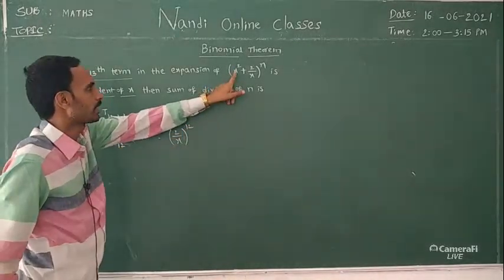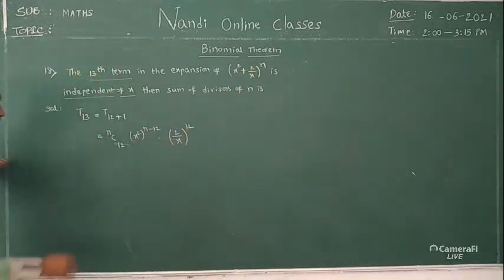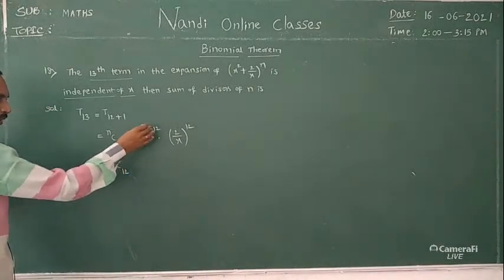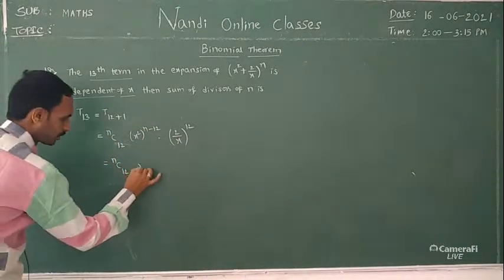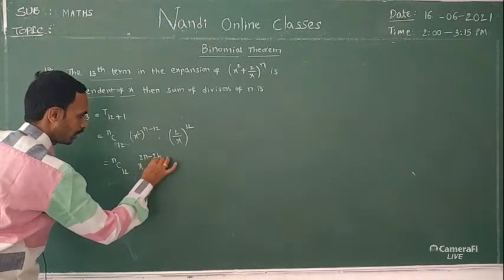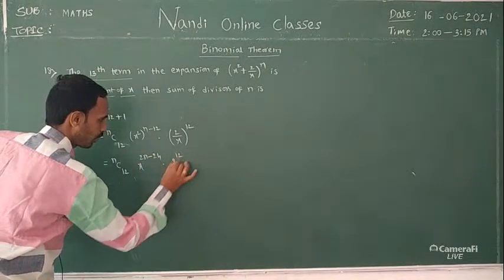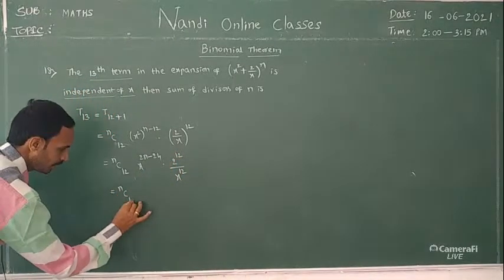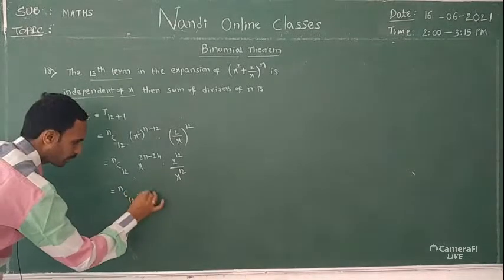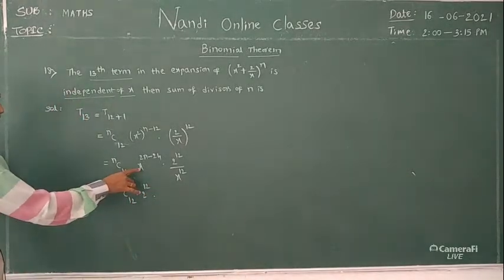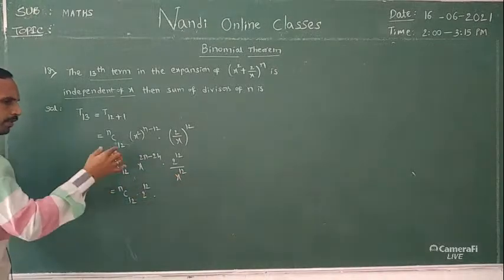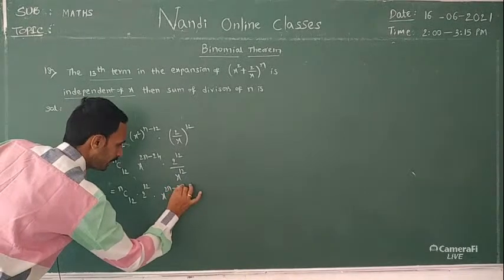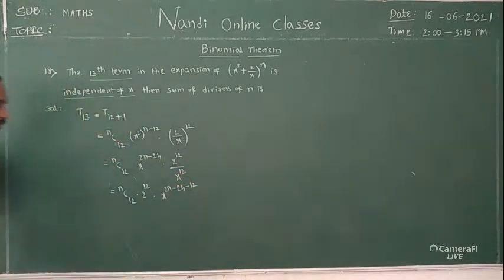It is in the form x plus y whole power n, okay, it is equal to nC12. A power m whole power n is a power mn, so x power 2 into n, 2n, and 12 2s are 24, into 2 power 12 by x power 12, is equal to nC12 into 2 power 12 into, it is in the form a power m by a power n, which is a power m minus n, x power 2n minus 24 minus 12.